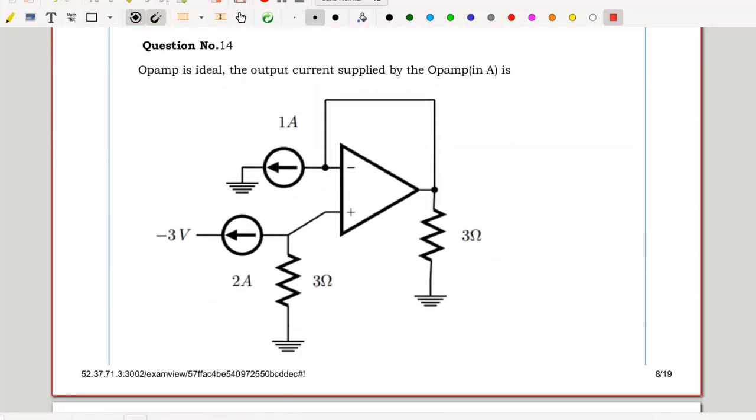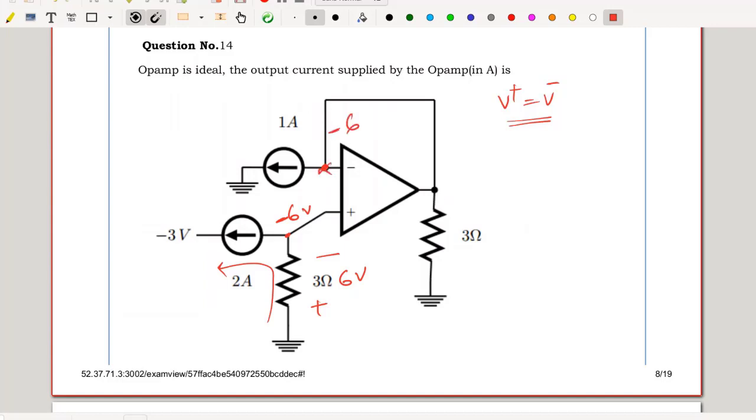Question number 14. Op-amp is ideal. The output current supplied by the op-amp in ampere is. The op-amp is connected in negative feedback mode, hence V plus equal to V minus is valid. V plus can be easily identified. 2 ampere circulate like this, develops 6 volts. This is at minus 6 volts. Implies my V minus is also at minus 6.